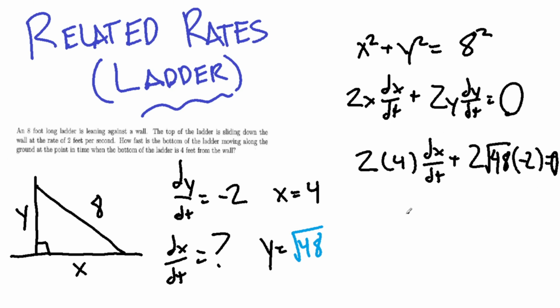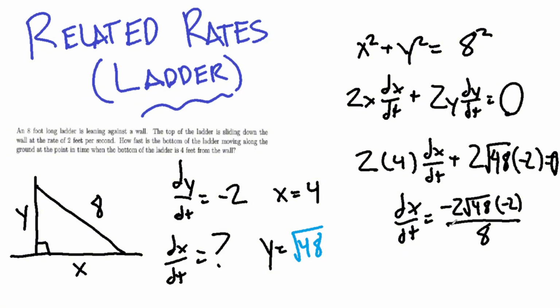Okay, so now all we have to do is isolate dx/dt to get our answer. To do that, we will just flip this to the other side. So it's positive, make it negative. dx/dt equals -2 times root 48 times -2 divided by 2 times 4, which is 8, because we have to divide by 8 to isolate dx/dt.